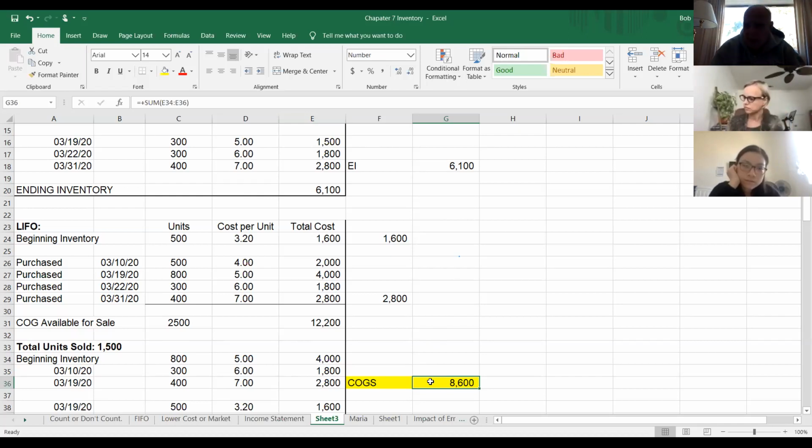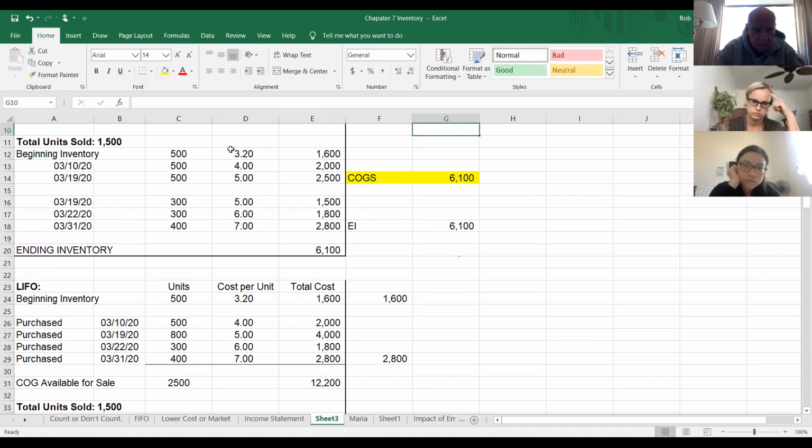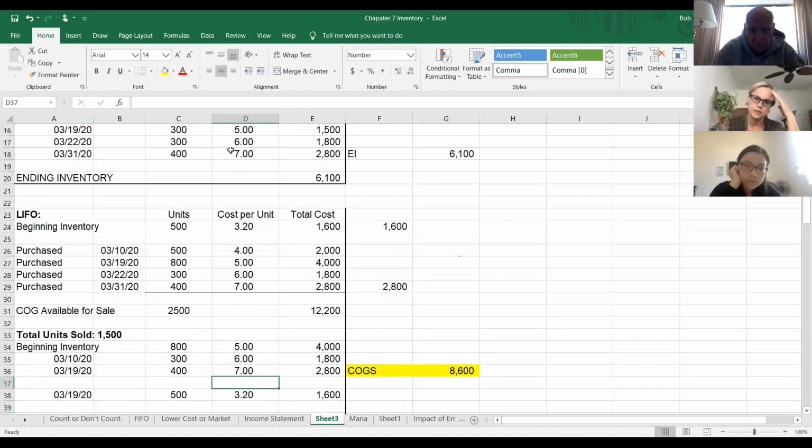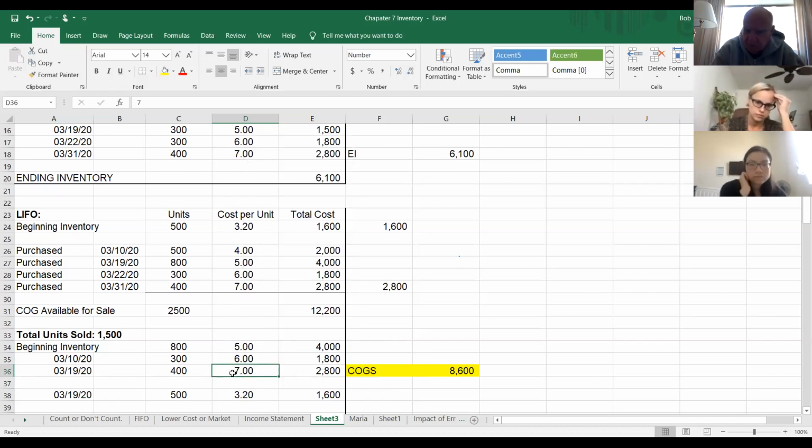The question is why? Why do you think that is from looking at this? What's the difference between the items we costed under FIFO and the items we costed under LIFO? Because the unit price is increasing over time. Yes, exactly. Because under LIFO, you are always selling the most expensive item first, assuming that we're in a period of rising prices and a certain amount of inflation, which is the paradigm in any economic structure.